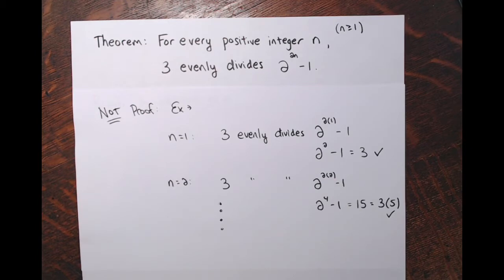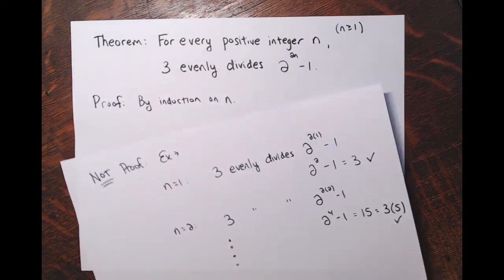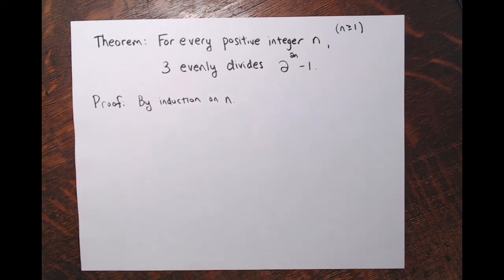But it doesn't prove that for every positive integer the statement is true. We're just getting an idea here. I'm just trying to say, do I even believe that this statement is true? And after even these first couple examples, I do believe it. All right, so let's prove it by induction.